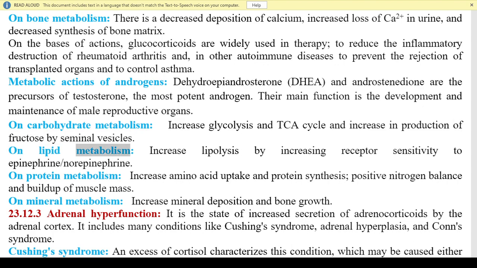On lipid metabolism, they increase lipolysis by increasing receptor sensitivity to epinephrine/norepinephrine. On protein metabolism, they increase amino acid uptake and protein synthesis, giving positive nitrogen balance and buildup of muscle mass. On mineral metabolism, they increase mineral deposition and bone growth.